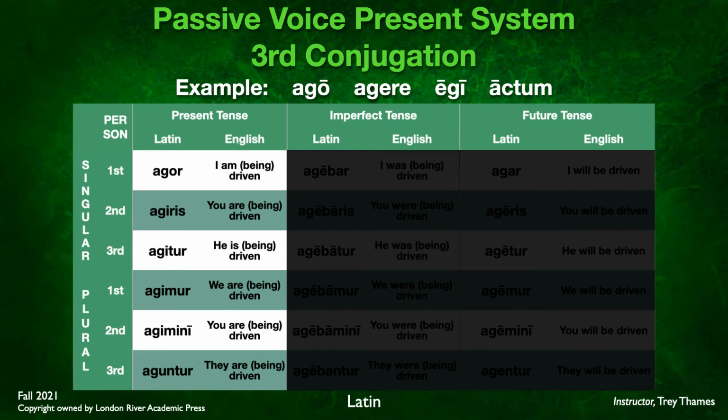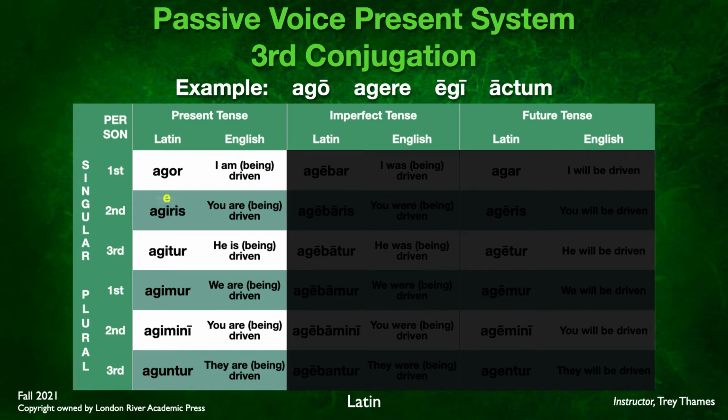But if you remember, what makes third conjugation a little bit different is that short E is going to convert to an I here. So we're going to end up with an AGI stem on all of these plus your endings. Now we have something a little bit different here in the passive voice that we don't have in the active.